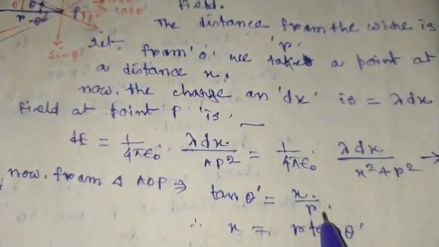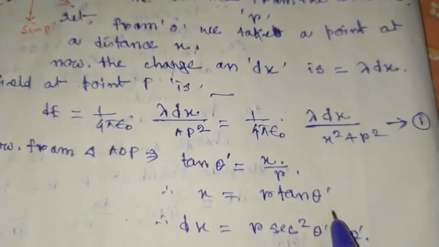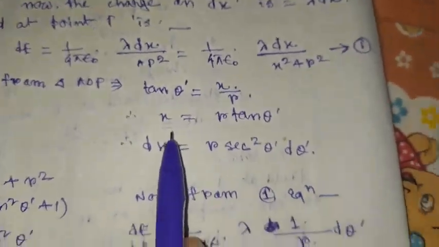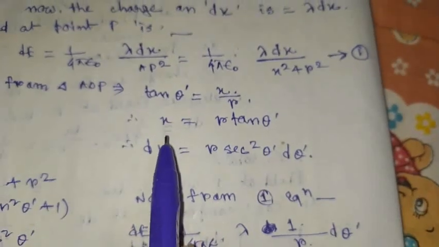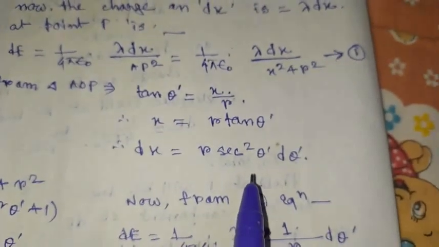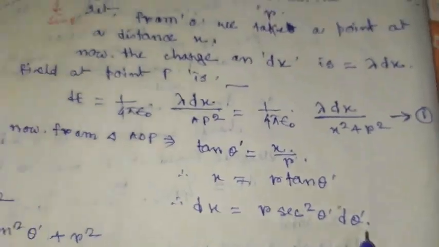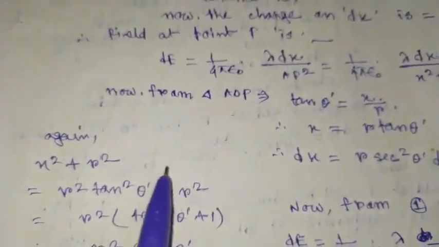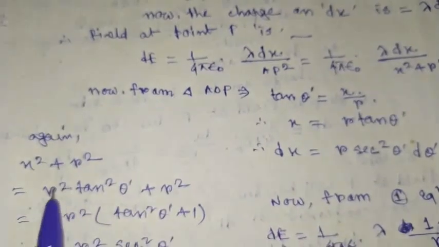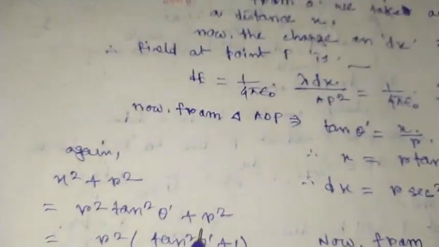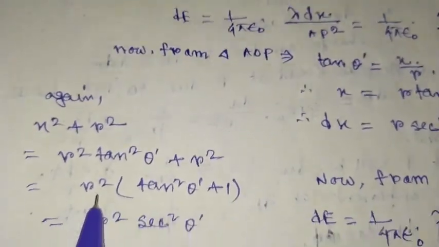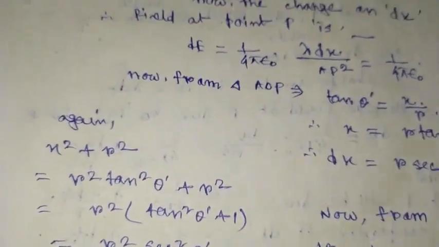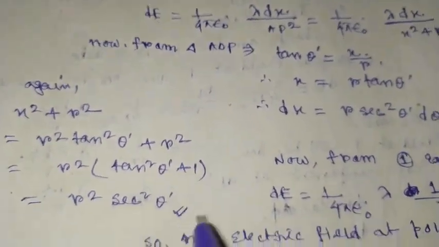So tan theta prime is x by r, so x equals r tan theta prime, and if we differentiate then dx equals r sec square theta prime d theta prime. Again x square plus r square equals, if we put the value of x here and r square is already there, r square sec square theta prime.